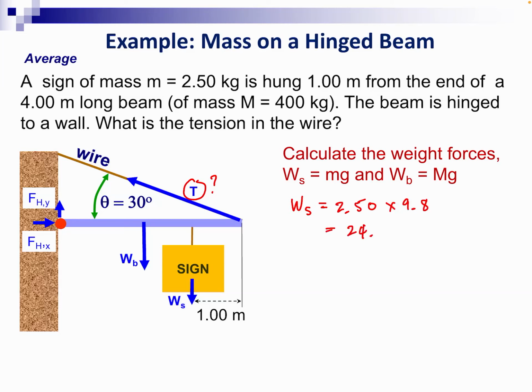That will be 24.5 newtons. And we can also calculate the weight of the beam. The mass of the beam is 400 kilograms times 9.8, which gives you 3,920 newtons for the weight of the beam.